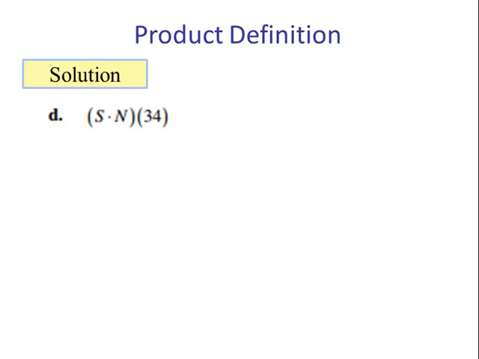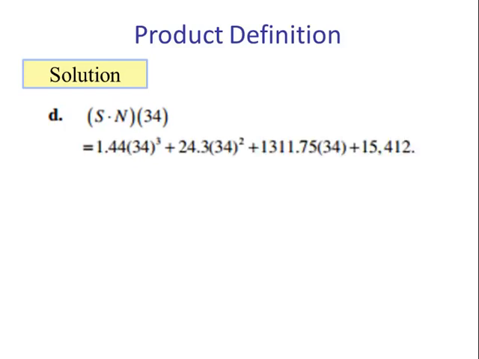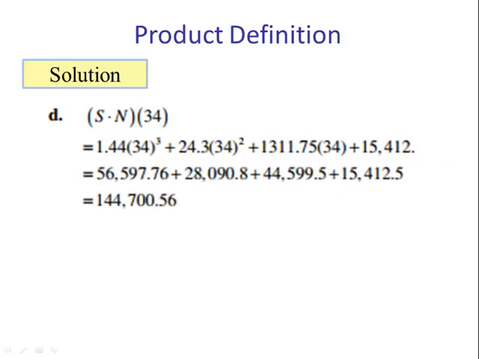D, to evaluate this function at 34, we substitute in 34 in for t. We cube and square. Next we multiply here, here, and here. And then finally we add. And we end up with 144,700.56.